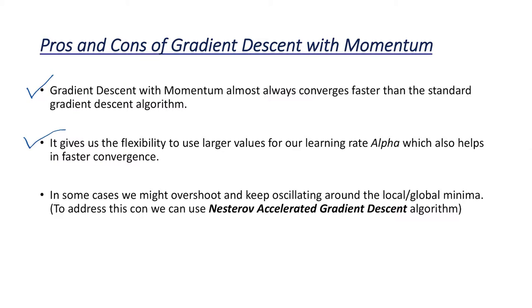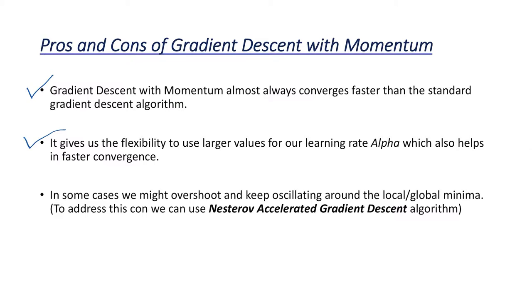As we discussed on the previous slide, gradient descent with momentum tries to reduce the noise in unwanted directions, which allows us to select a larger learning rate so that we don't move in unnecessary directions, and choosing a larger learning rate helps us move even faster in the direction which we need, which is the direction towards the global minimum.